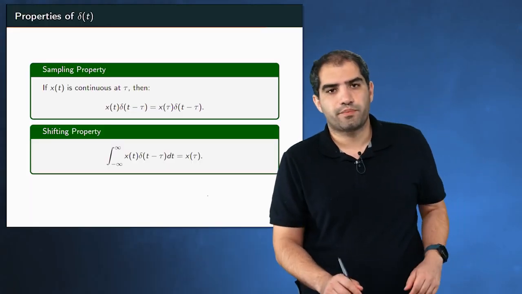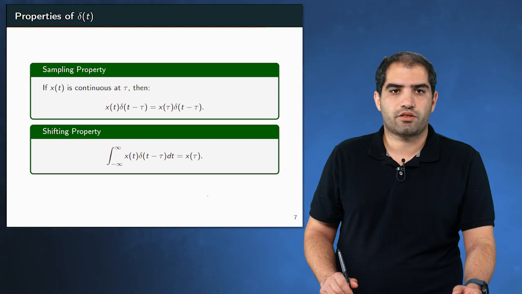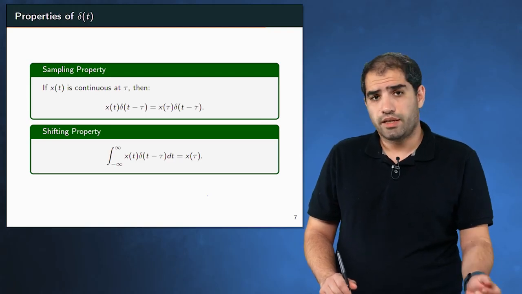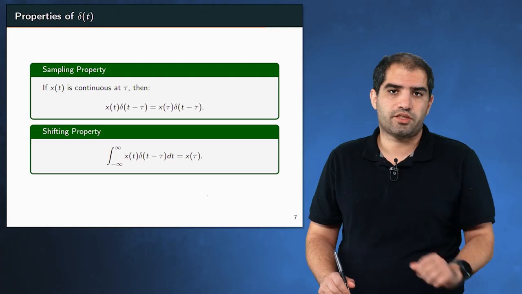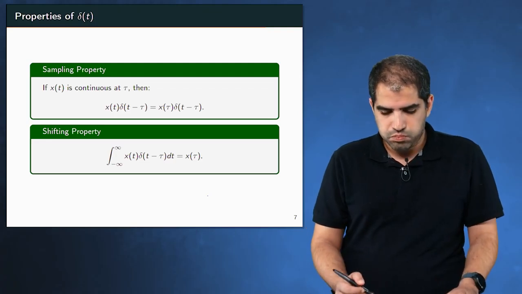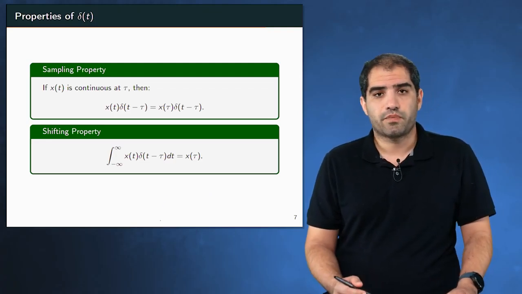Another property of delta is the so-called shifting property, and that is when we integrate x(t) delta(t minus tau) over all the t's.